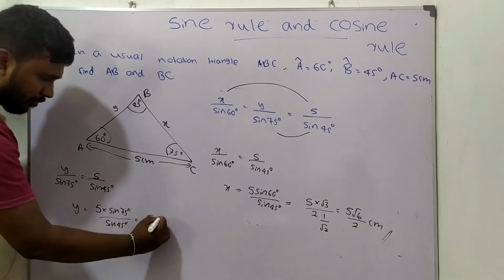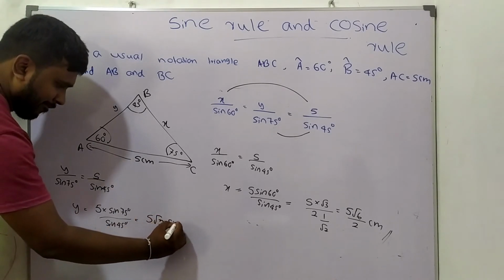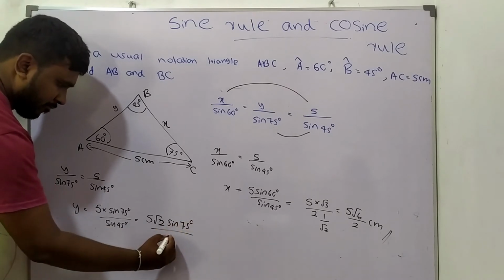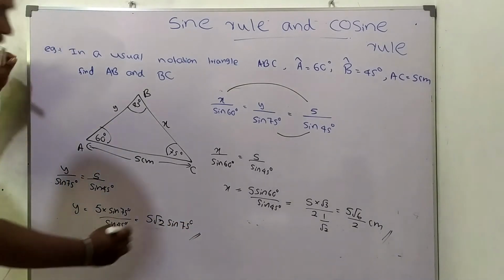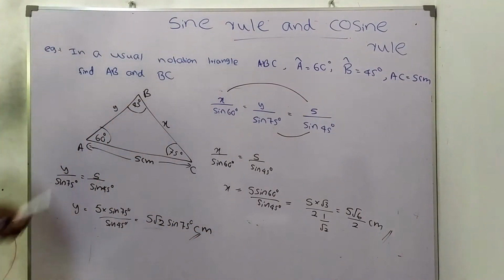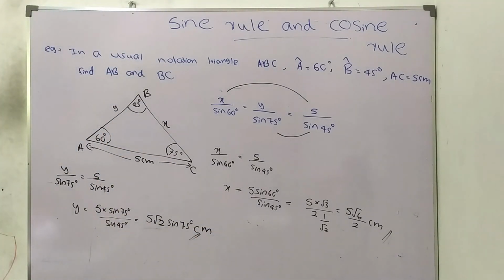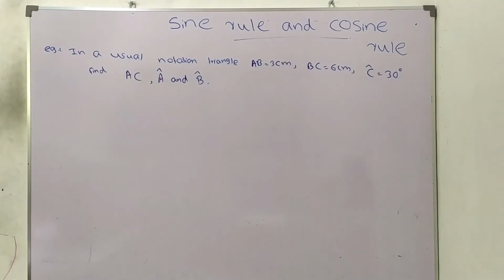We can write sine 75 using our AB angles, as sine of 45 plus 30, right? But now I'm not going to find that value. I'll just leave it as 5 root 2 sine 75, since sine 45 is exactly 1 over root 2. That's why the root 2 comes. So this is basically a sine rule application.